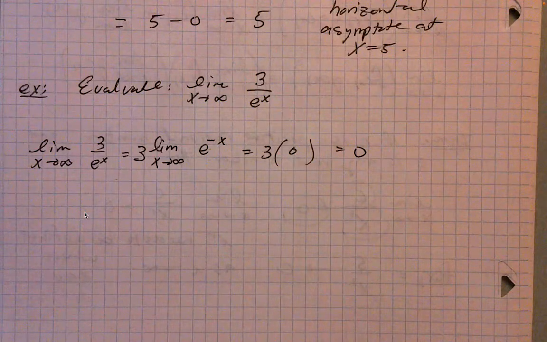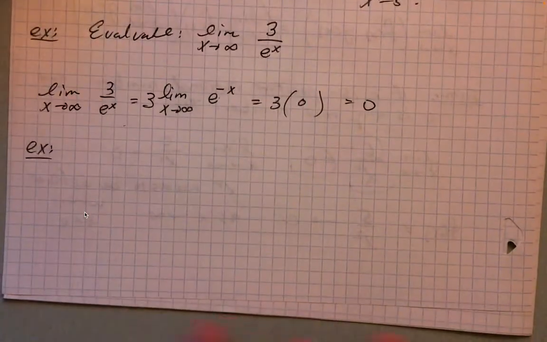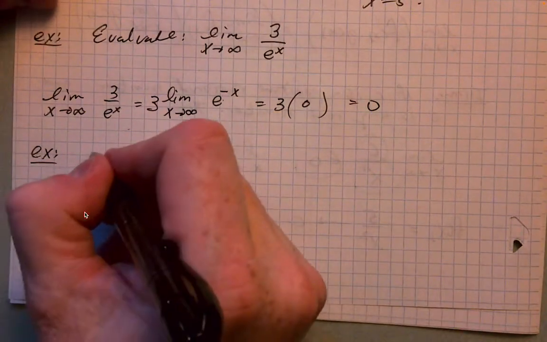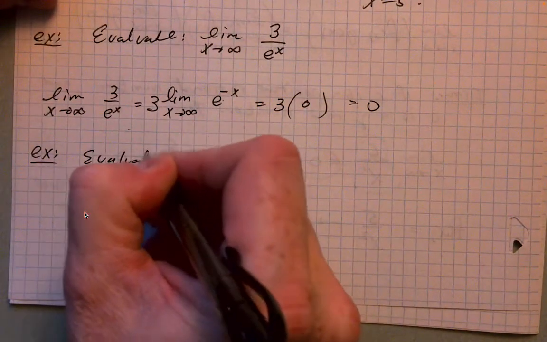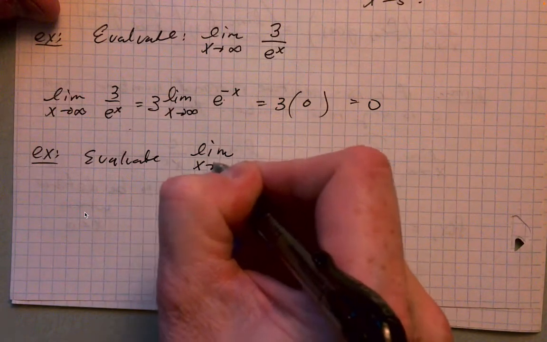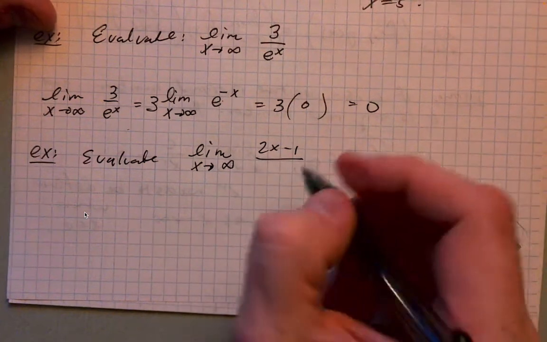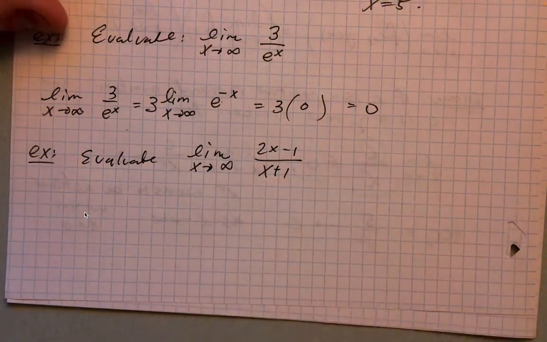Okay. What about, here's an example. Let's try to evaluate the limit as x approaches infinity of 2x minus 1 over x plus 1.